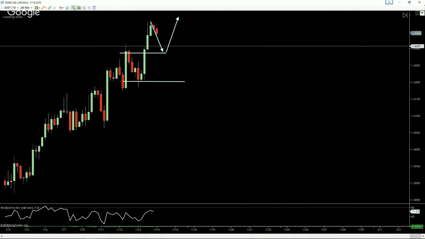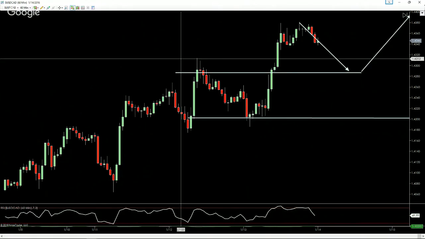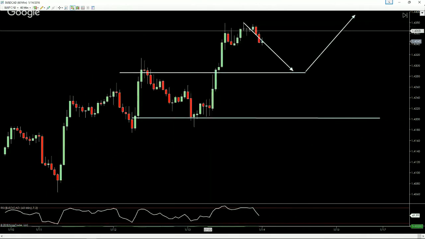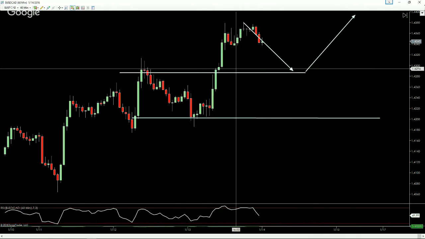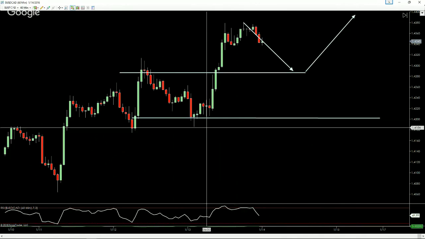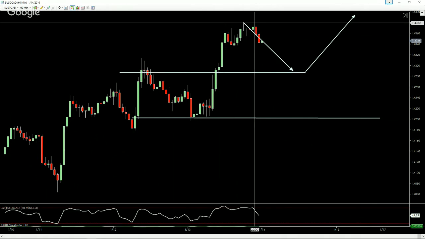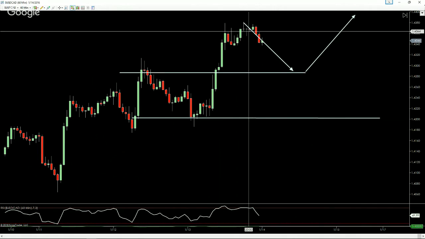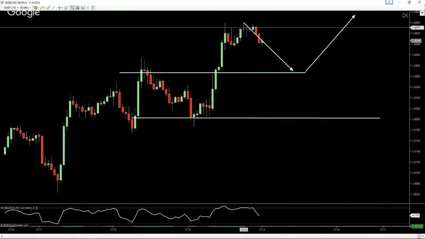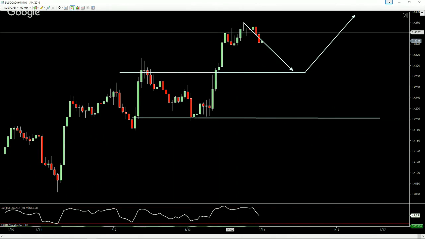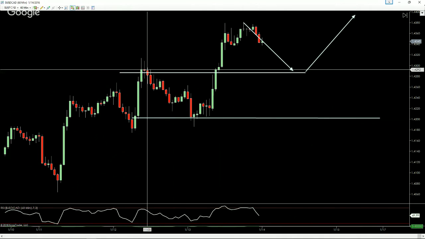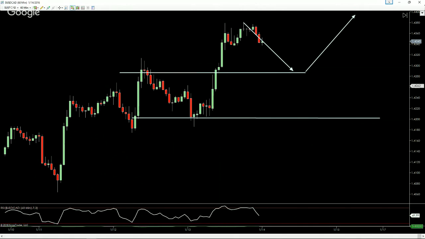Let's go down to our 60-minute. It did some sort of a double top action, pretty small right there, probably found some sort of resistance right there, and then price is looking to go back down to this structure level, or this structure zone right here.